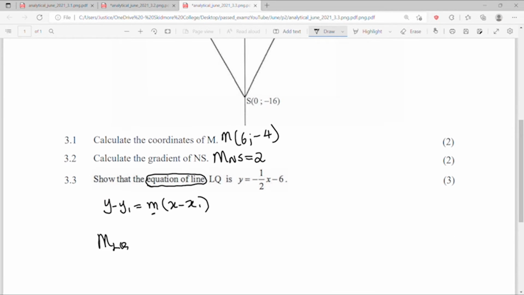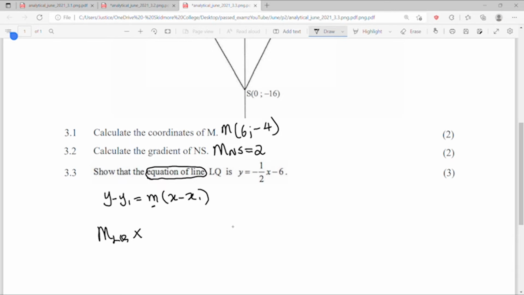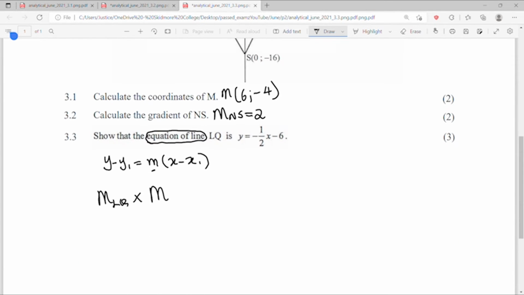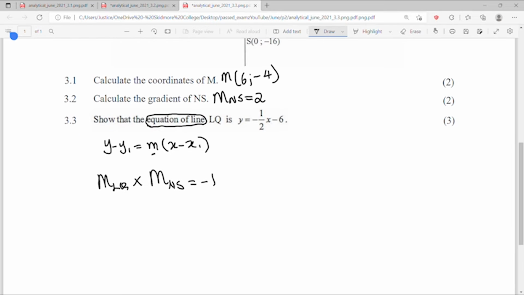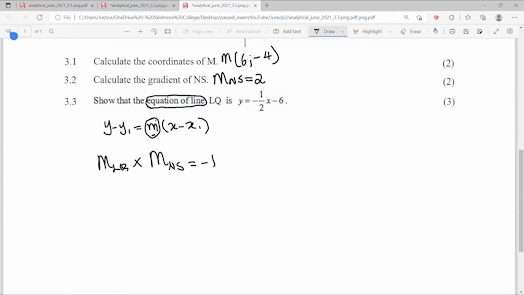We know that if we take the gradient of LQ and multiply it with the gradient of SN or NS, we get -1, right? We are calculating this gradient for now, and then we'll substitute the other point. This means the gradient of LQ multiplied by 2, because that is what we found in the previous question, equals -1.